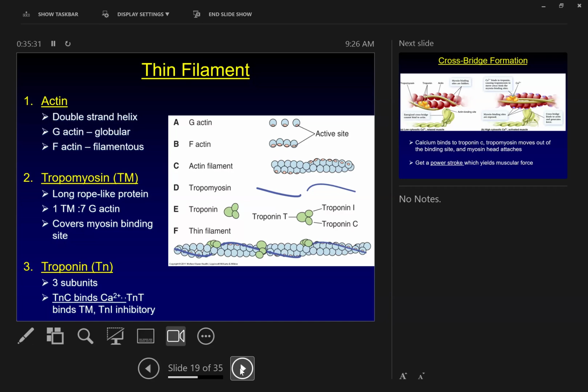That's not great, potentially. So the default is no contraction. When we want a contraction, then we'll move this stuff, then we can get it, and then we'll shut it right back off again. So that's why these are called regulatory. They regulate the actin binding site. Y'all with me so far?